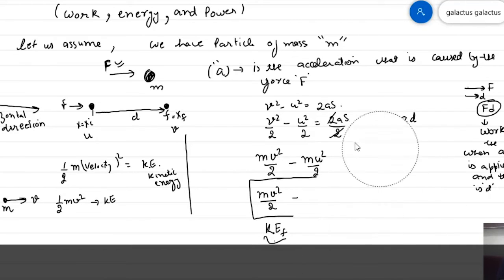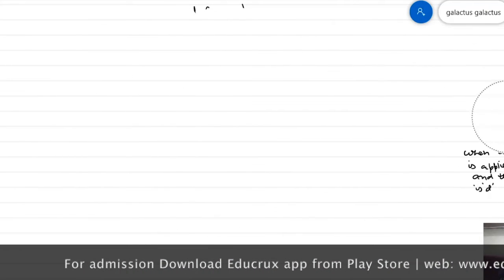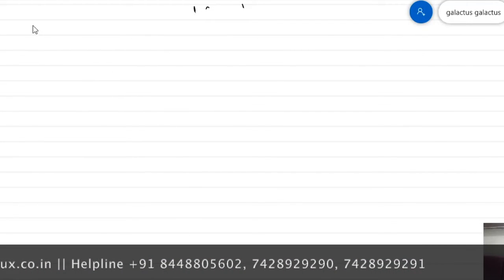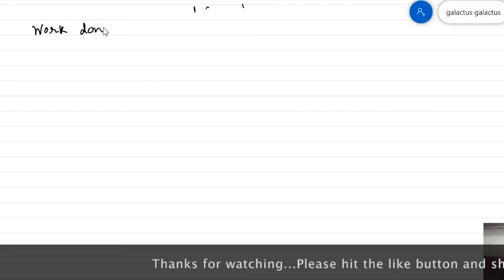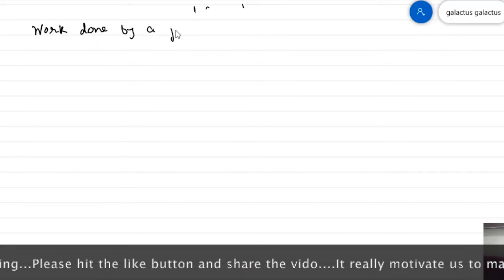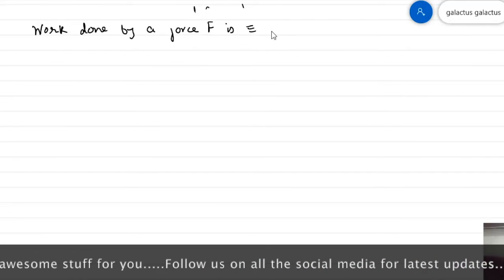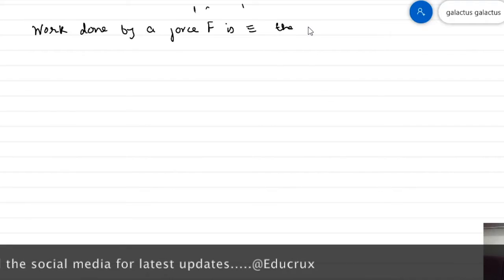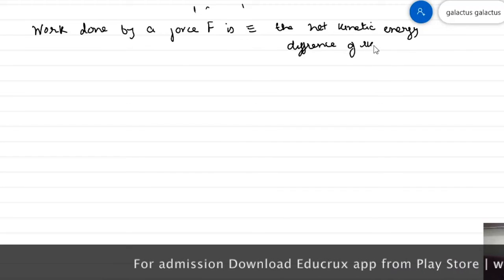So let us now write the definition of the work energy theorem. According to the work energy theorem, the work done by a force F is equal to the net kinetic energy difference of the configuration.